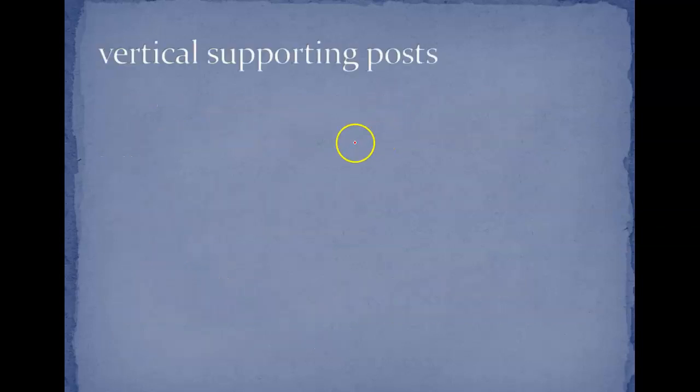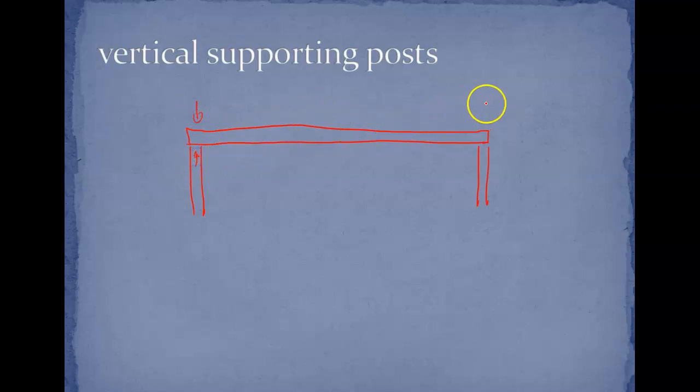So with a vertical supporting post, let's just say I've got a bridge here. With an object like this, what we find is that there's going to be lots of force counteracted here, and not a lot of force counteracted here.